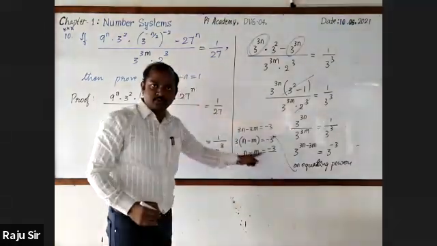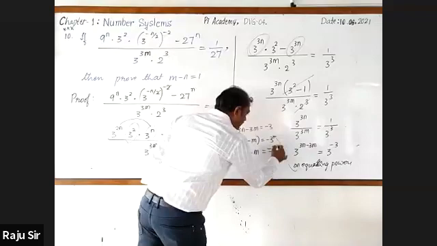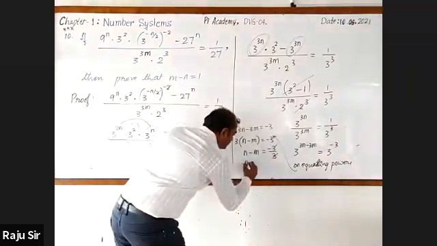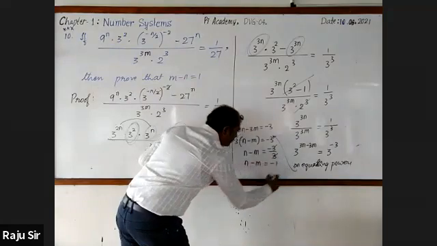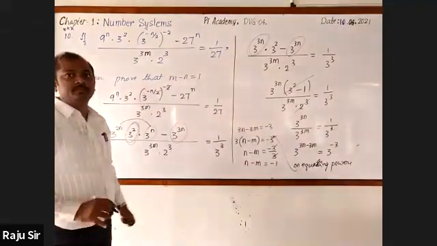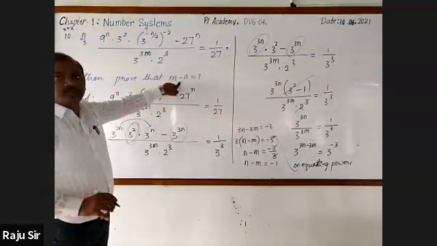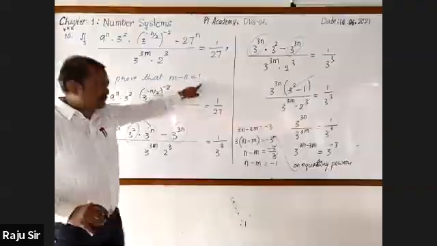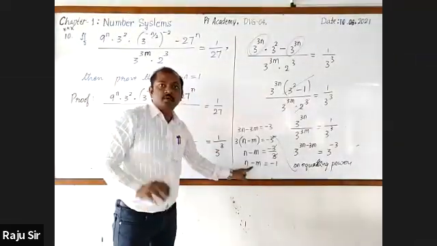Now you transpose 3 to the denominator. Now 3 gets cancelled. You get n minus m equal to minus 1. But what is needed? Plus 1. m minus n equal to plus 1. m minus n is equal to 1.